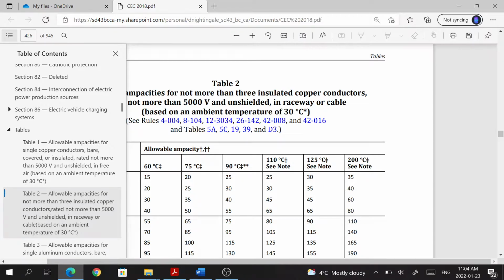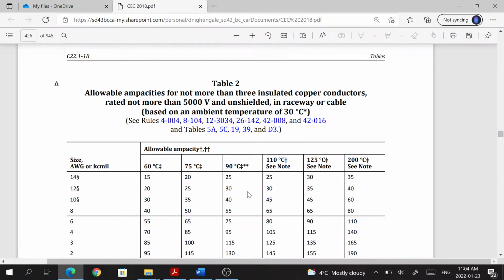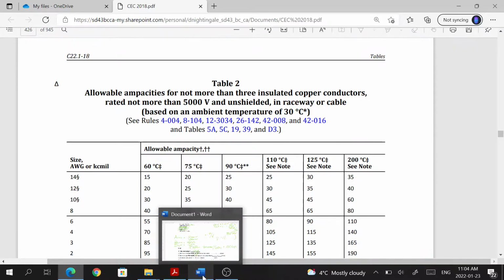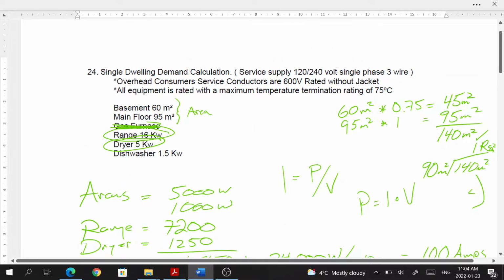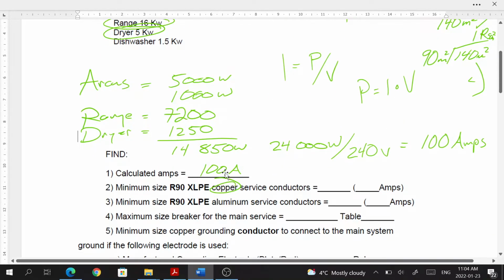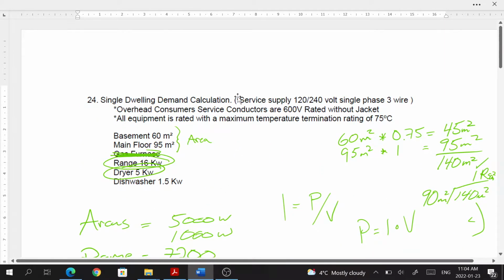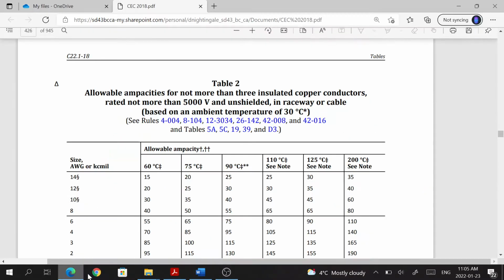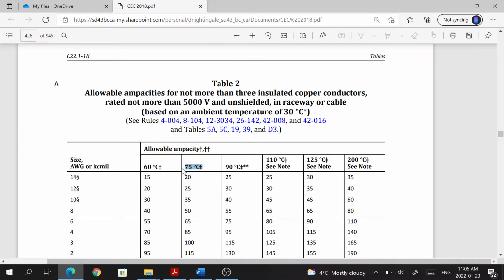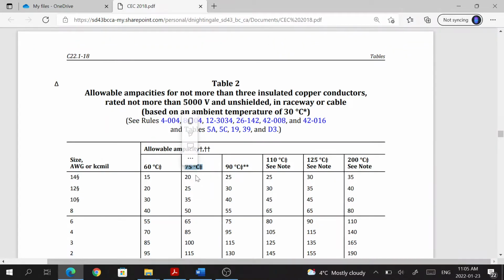So we're going to use this chart, but we got to keep in mind that though we're dealing with R90 XLPE conductors, our terminations are going to be rated at 75 degrees, maximum 75 degrees. So when we're looking at our chart, we got to actually take from the lowest common denominator, from the lowest temperature rating.